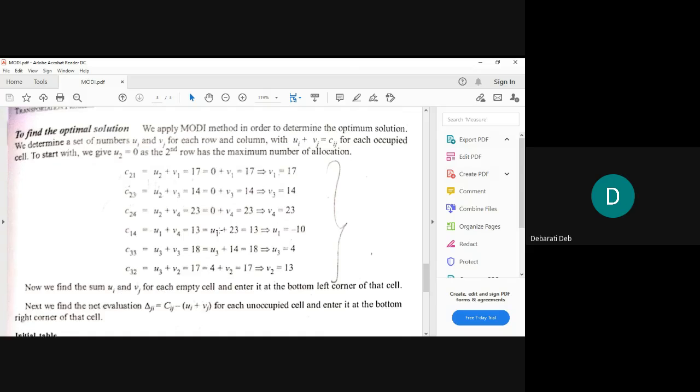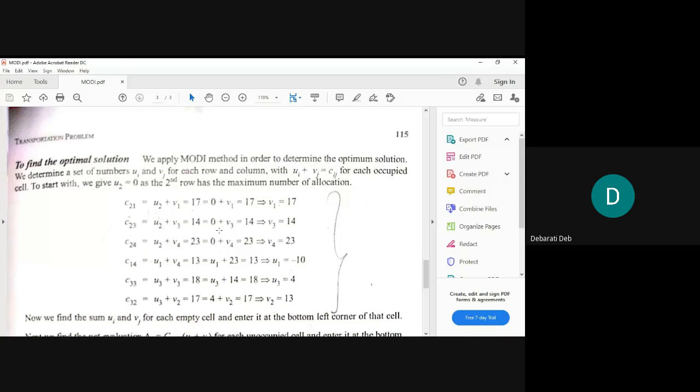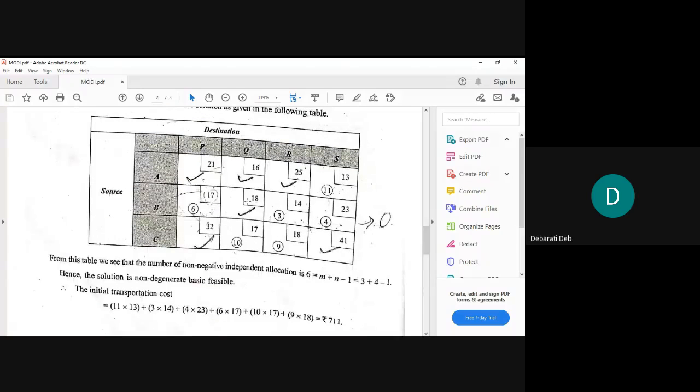So we will start with C21. C21 means this 2 stands for the row number and 1 stands for the column number. So C21, what will be the cost? Can anyone tell me?